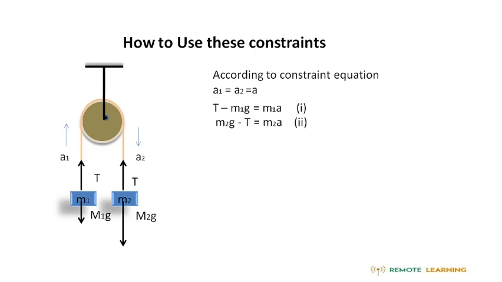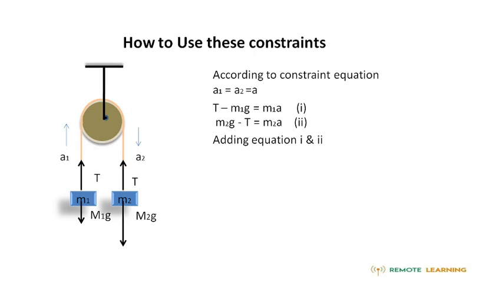Again applying the force law on M2, we get M2G minus T equal to M2A, mass into acceleration of that mass.